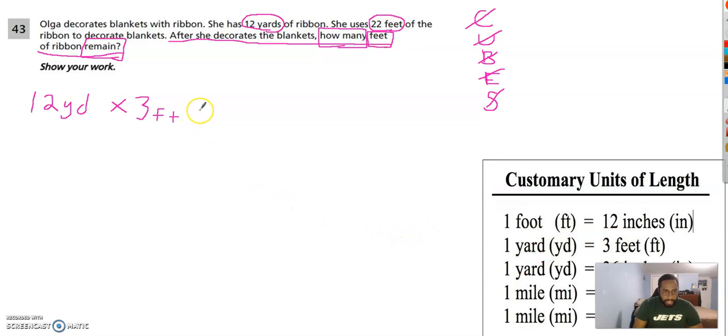And Ariana, what do we get? We get 36 feet. So now we know that 12 yards are equal to 36 feet. Excellent job, boys and girls.